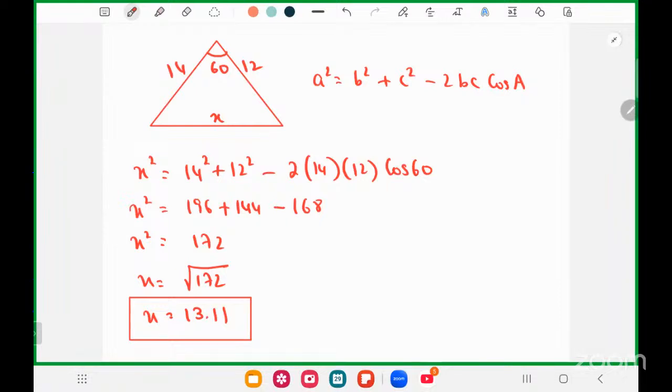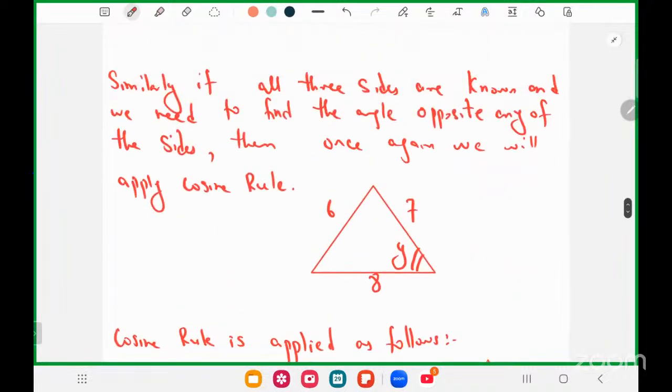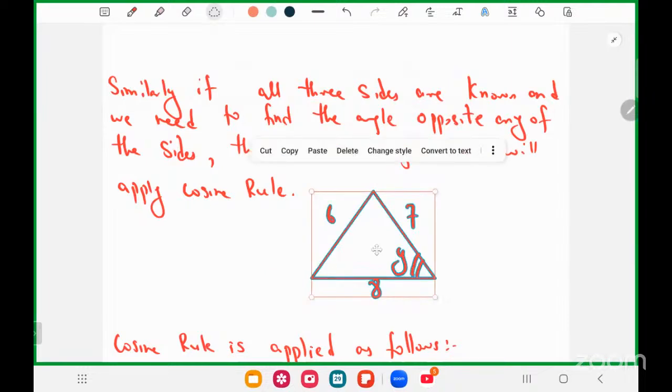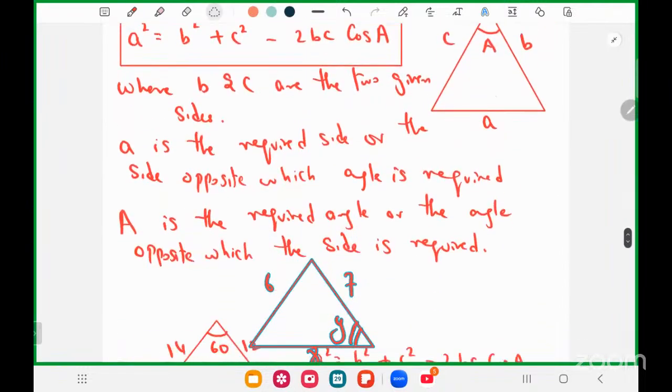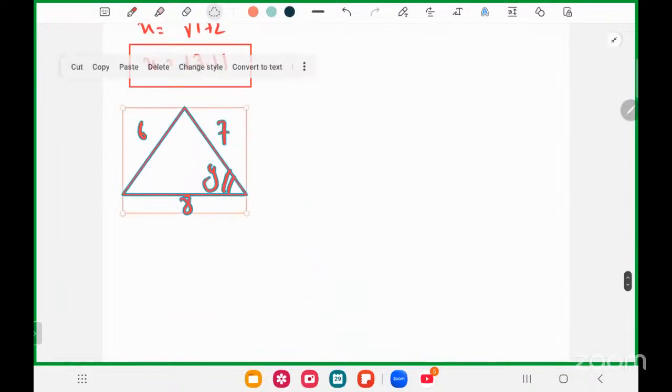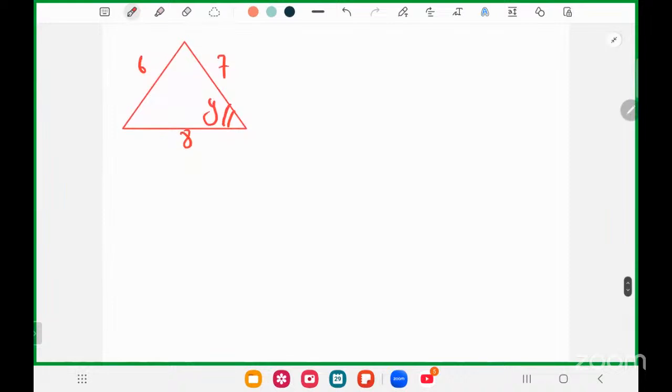I hope this is clear to everyone. I will move on to the next example that I mentioned. This time a square will be 6 in this case.